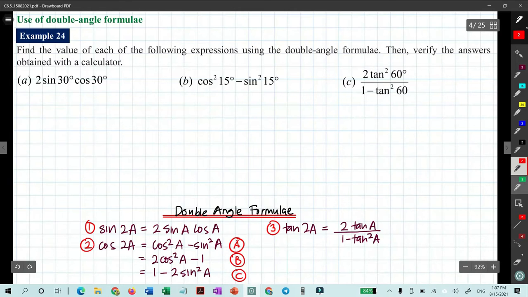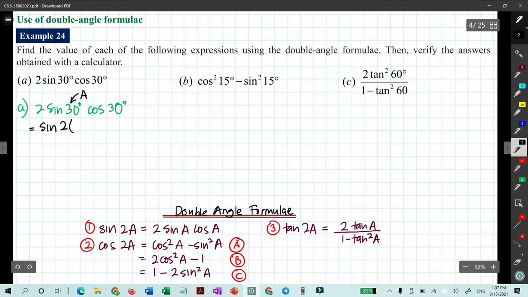Okay, so back to question A. For this question, we're going to use the first formula because we have sine and cos side by side. So 2 sine 30 cos 30. In this case, the angle A is actually 30 degrees. So we can rewrite this as sine 2A. So what is A?